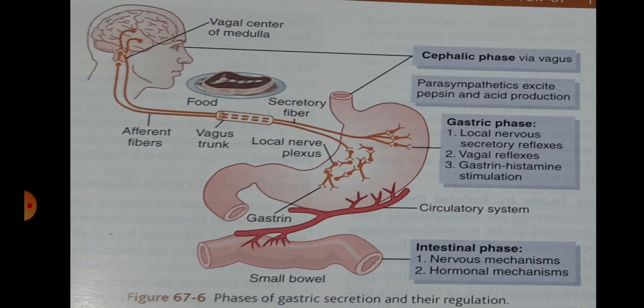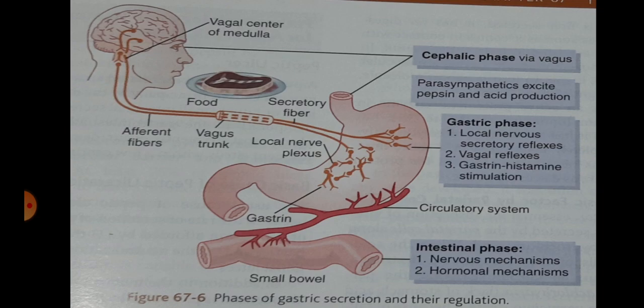3 other hormones, say gastric inhibitory peptide, which is a glucose dependent insulinotropic peptide, vasoactive intestinal polypeptide, and somatostatin, also have significant to moderate effects in inhibiting gastric secretion.